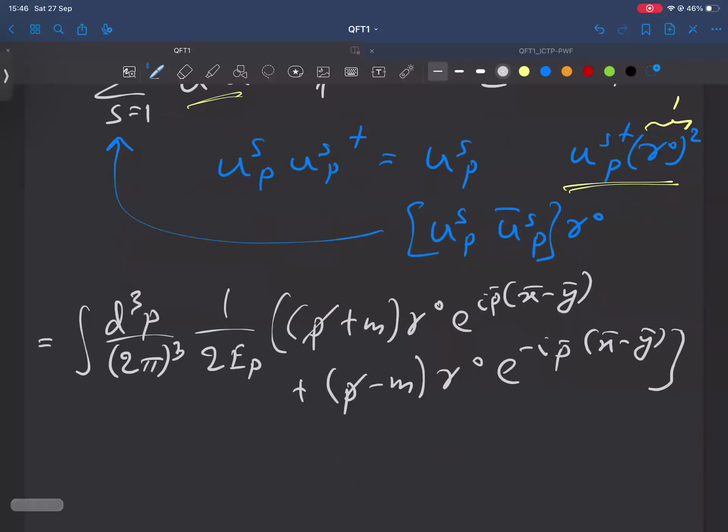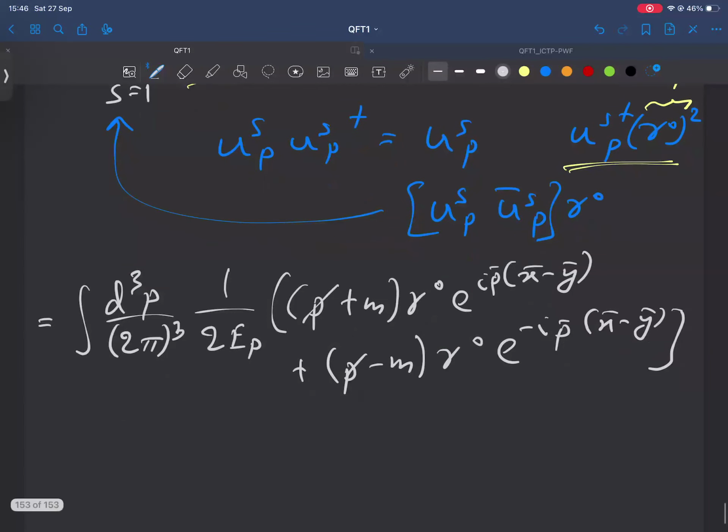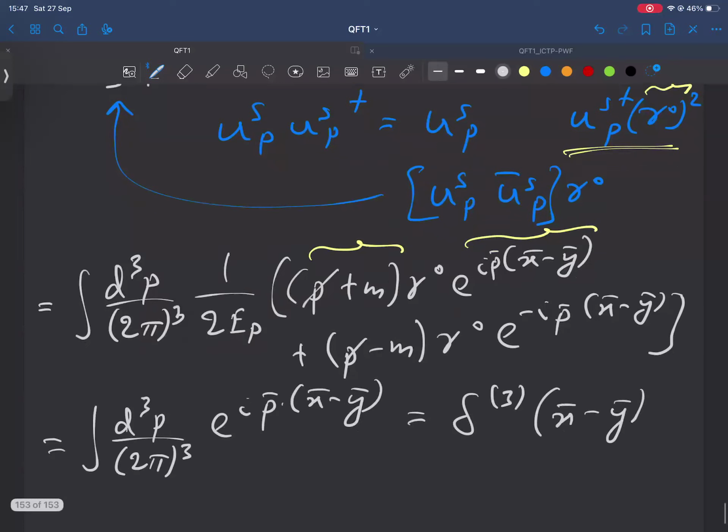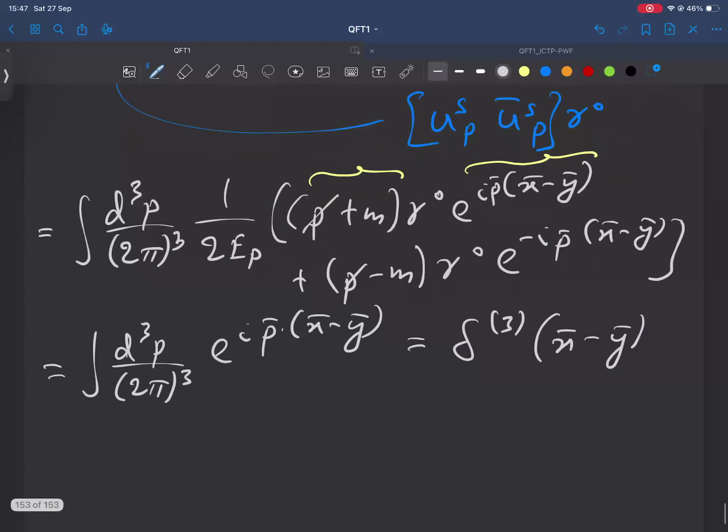Okay. Now you can do rearranging, and ultimately you can show that, just like open up this bracket as space and time derivatives, act it on this field here, and if you do all that, you can show that this finally boils down to just this, which is the definition of the Dirac delta, or the Fourier transform of identity.